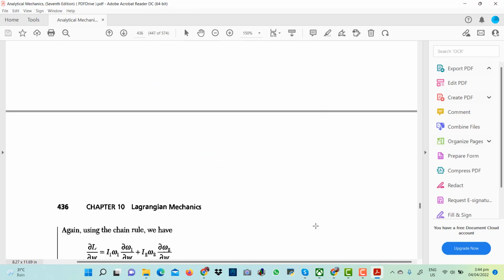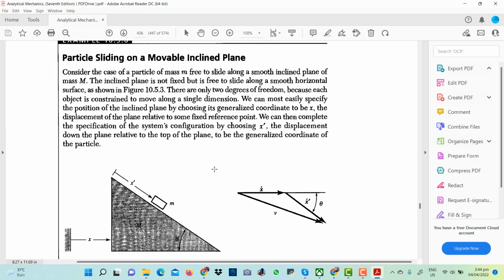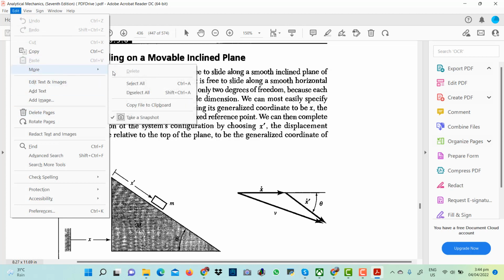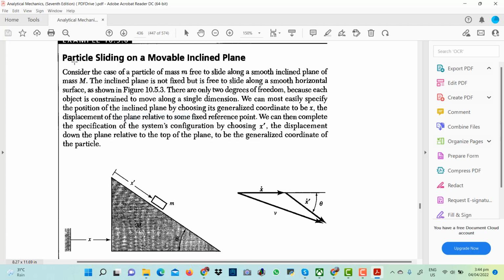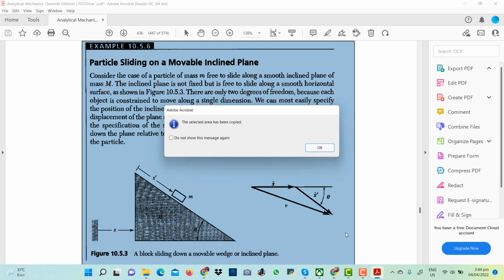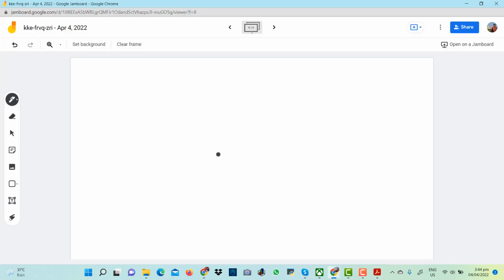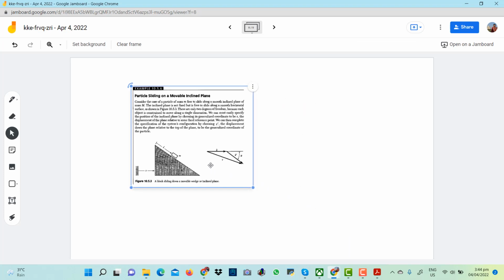We are near the exam. Another example: a particle sliding on a movable inclined plane. In the previous example, we had an object sliding on an inclined plane.